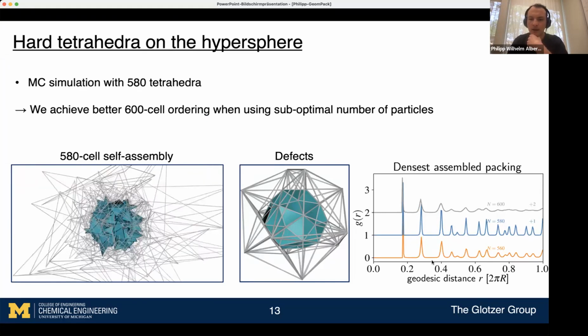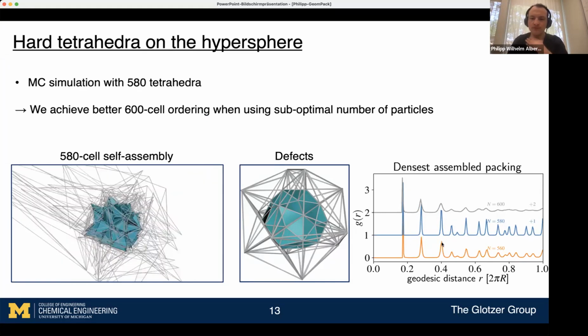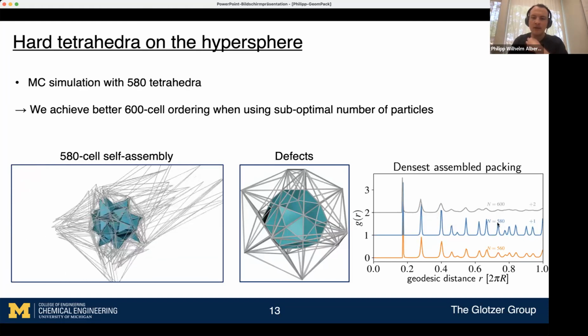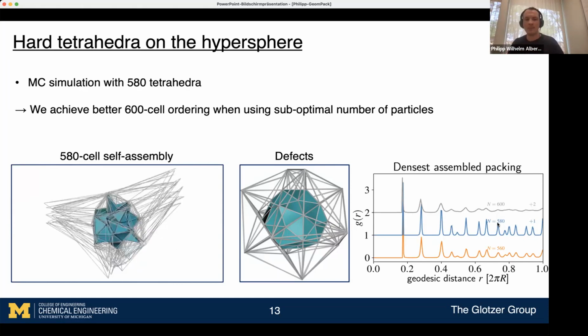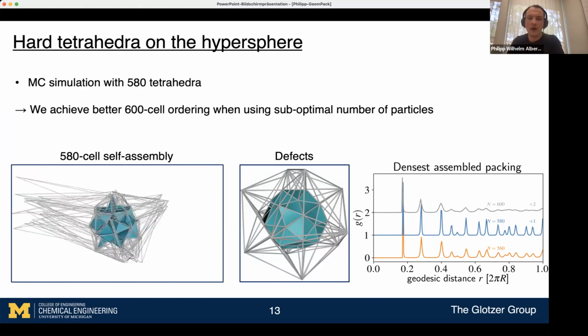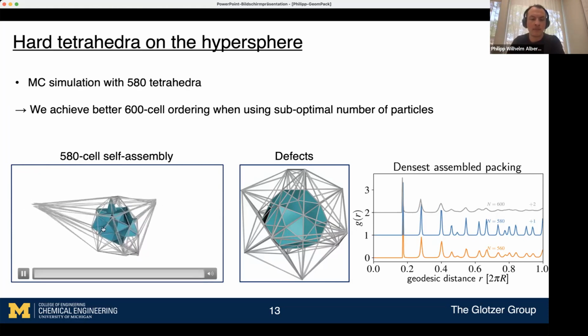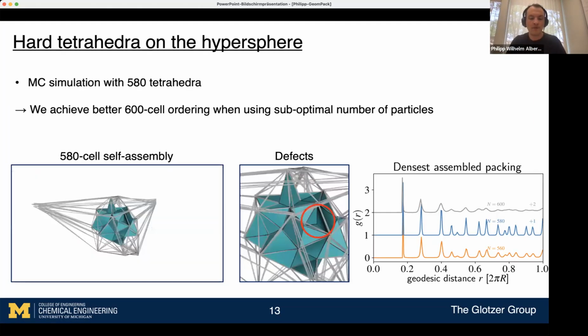You can also see in the radial distribution function that if you only use 580 particles on the hypersphere, the peaks are way narrower and they can form something which is way closer to a perfect tessellation. Even though, of course, because you do not have all the particles, there are also interstitials in them, in total they are way more dense.